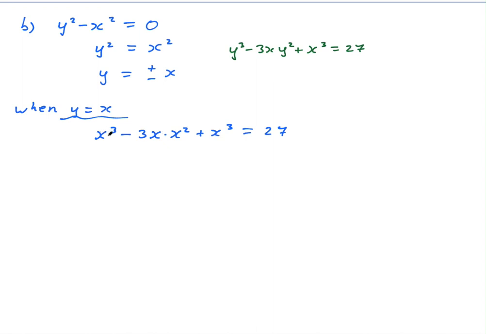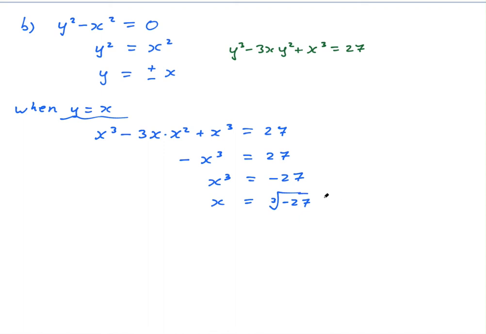That is x cubed minus 3x cubed plus x cubed, which is minus x cubed, equals 27. x cubed equals negative 27. x is equal to the cube root of negative 27.